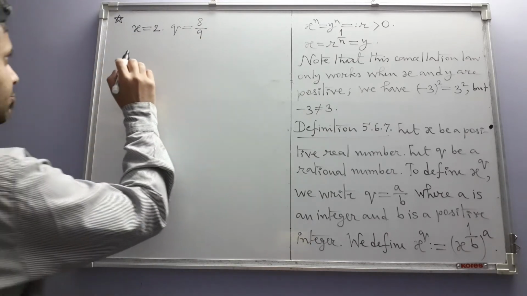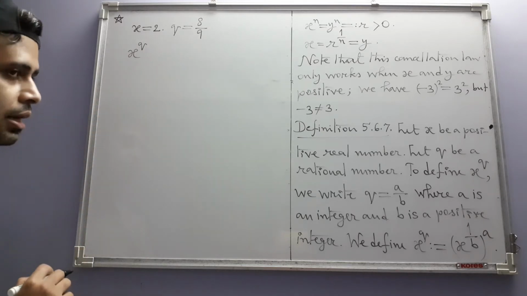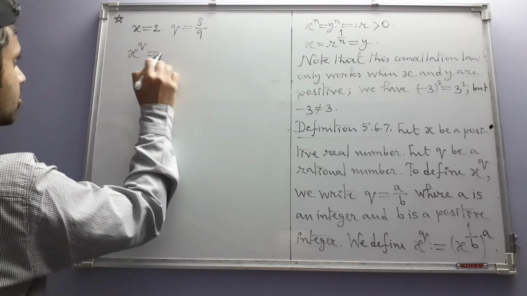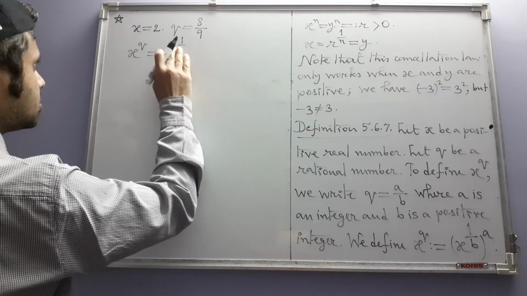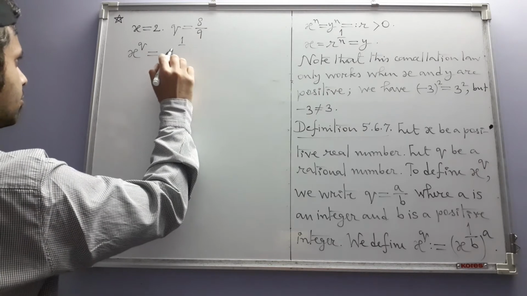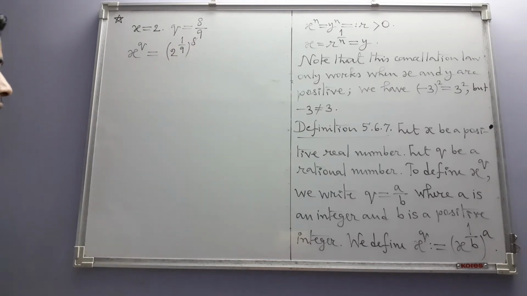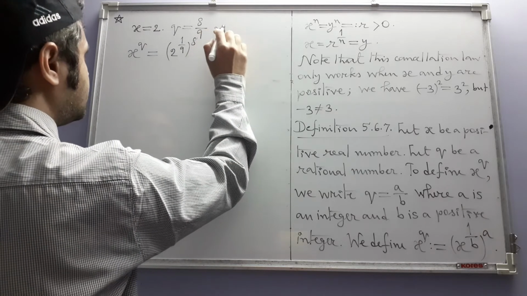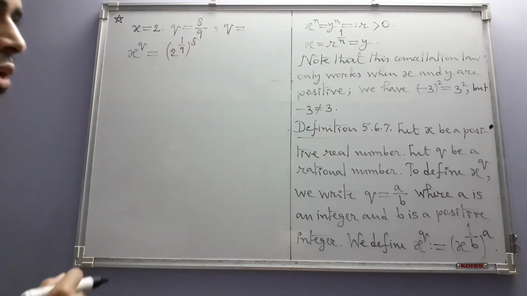So according to this definition, if we form the power x to the power q, then we should have that equal to this. We have taken a specific value of x, so the 8th power of the 9th root of 2. But the problem is that besides being 8 divided by 9, the rational number is also many other things divided by other things.